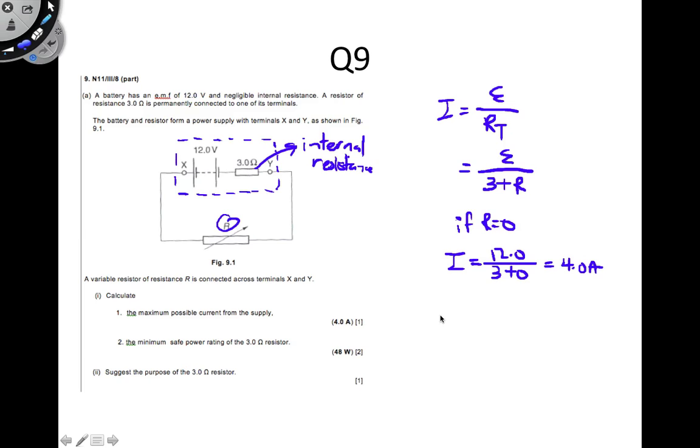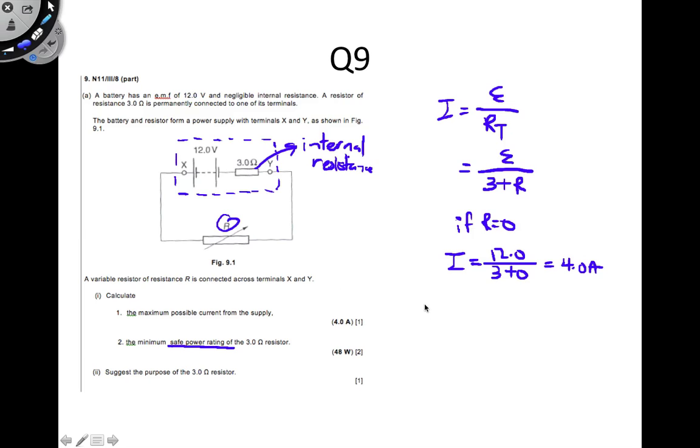Next, the maximum safe power rating of the 3 ohm resistor. This is asking how much power it must be able to withstand. To find that, I just look at the maximum possible current, which will be here when this R is equal to 0.